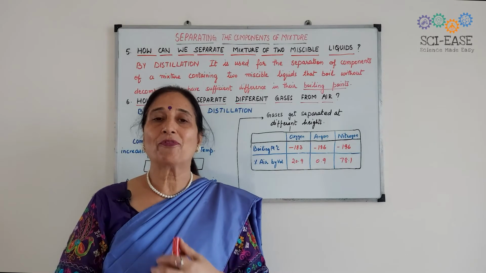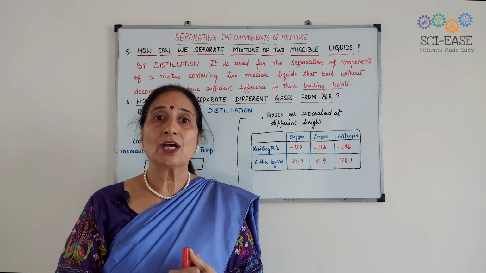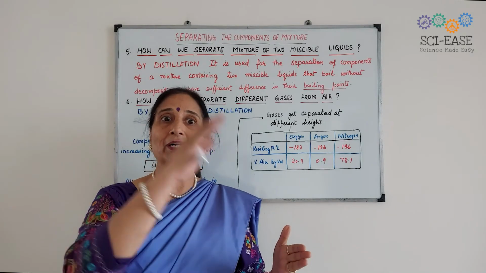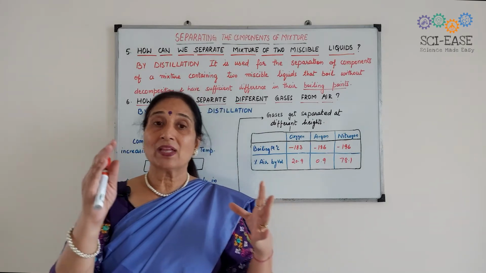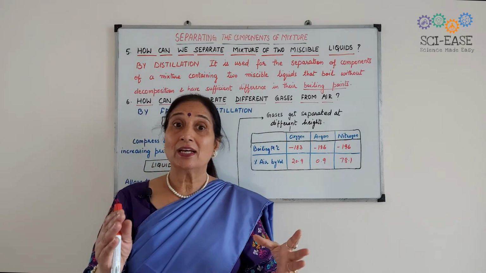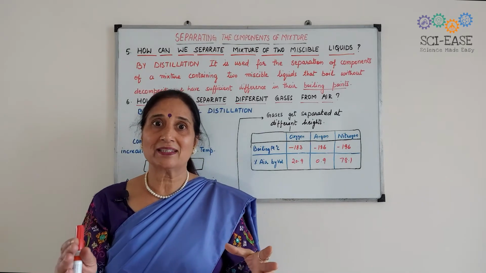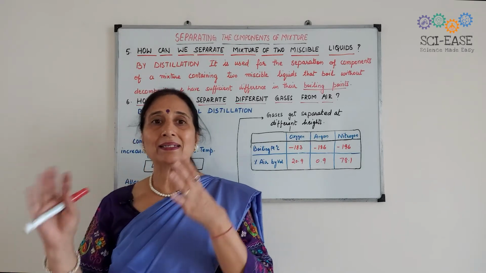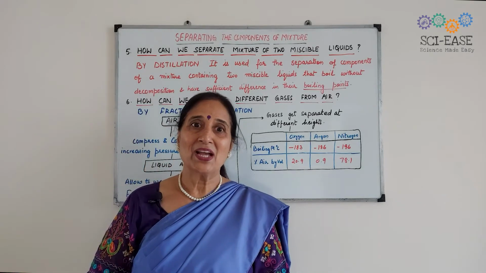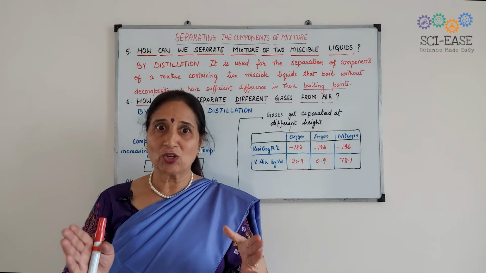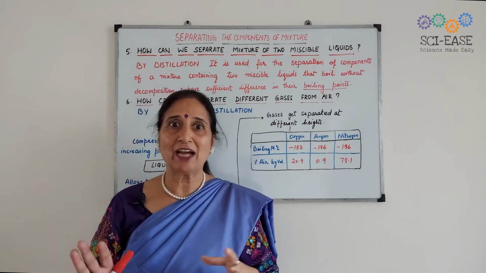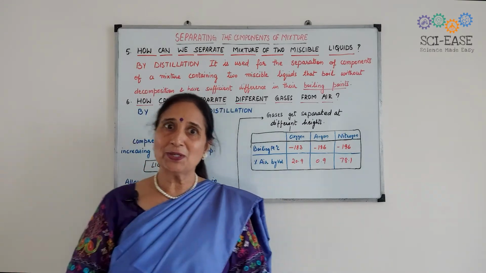What is the purpose of using these glass beads? So that the vapors get sufficient surface to cool and condense. So this is the fractionating column and fractional distillation. I have told you where it is used.